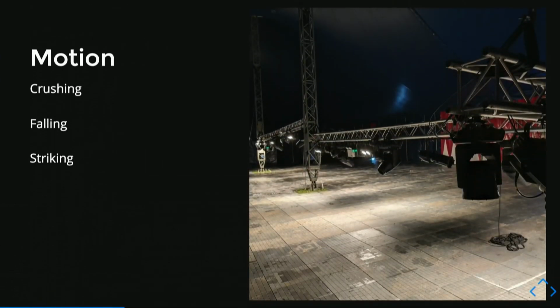Motion. Well, I couldn't get any really good pictures, but there are some hoists here and stuff. They're not used dynamically during the show, but in a theatre they might be. Although most motion in theatres, at least amateur theatres, is still people actually pulling ropes and doing it manually. But very obvious risks here. You've got crushing, things can fall on you.